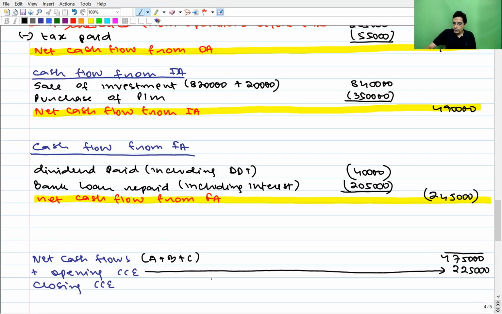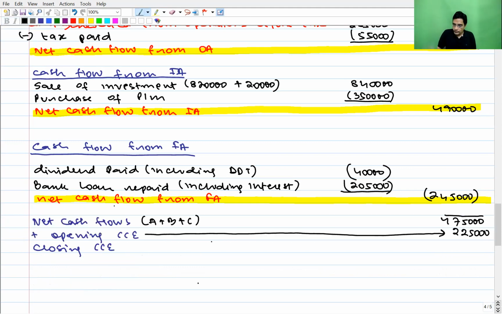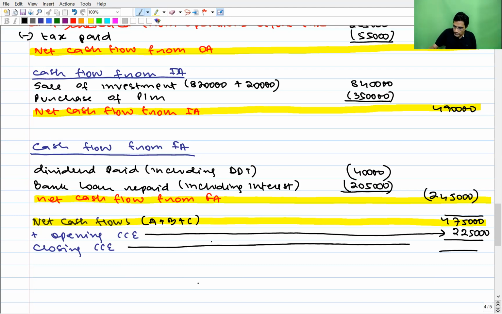It's our net cash flow. So all the activities together. With this, if we add opening CCE, we will get closing CCE, which is 7 lakh.